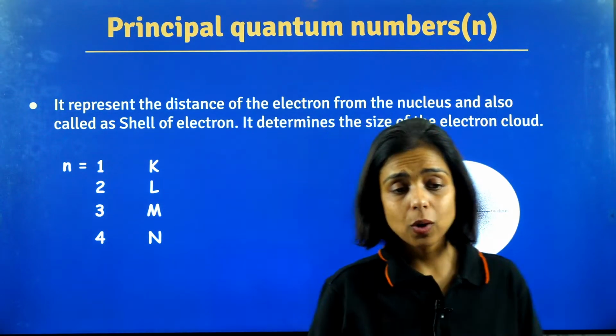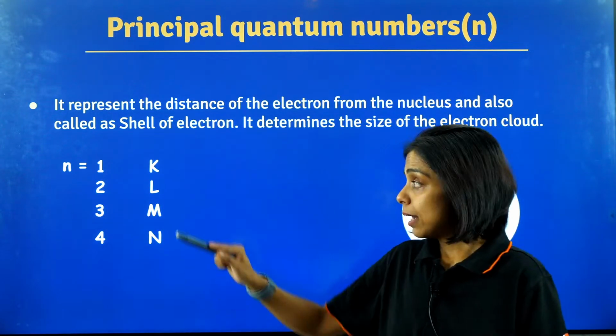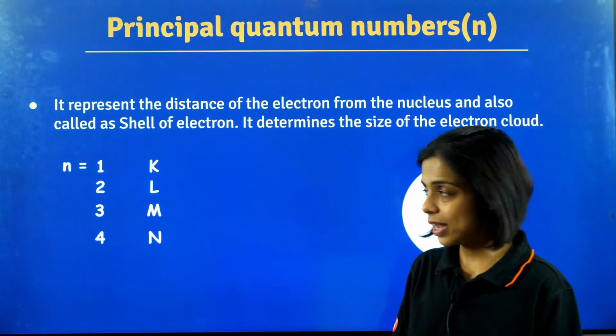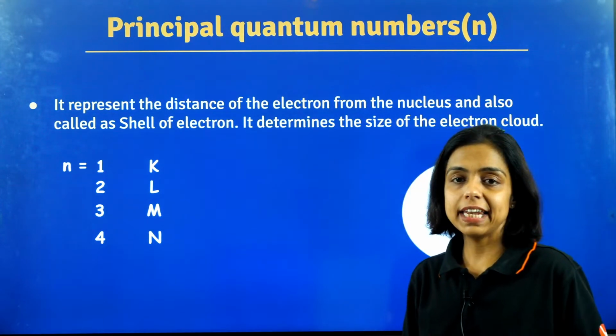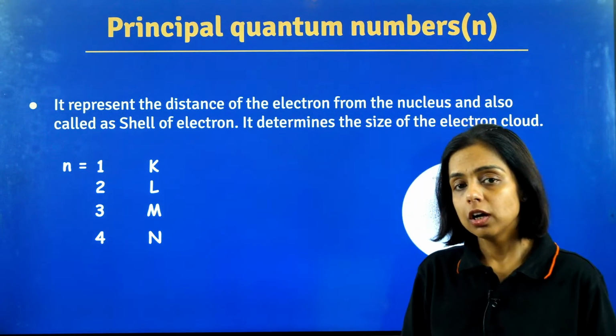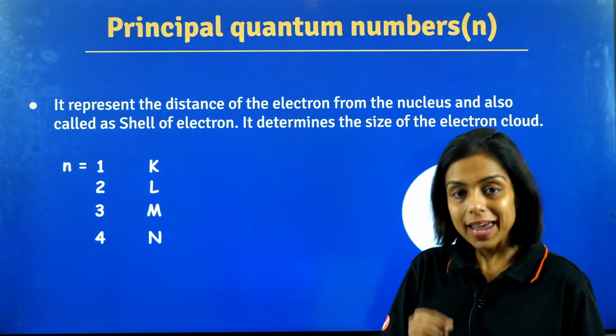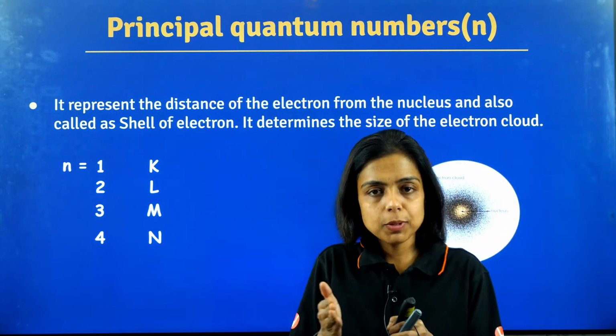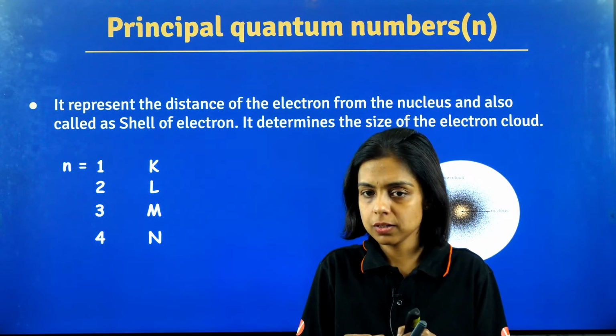So the principal quantum number can be 1, 2, 3, 4, 5, 6 and so on, right? So n equal to 1 means K shell, n equal to 2 means L shell, n equal to 3 means M shell, n equal to 4 means N shell. So n value tells me the shell, right? First shell will be the closest to the nucleus.